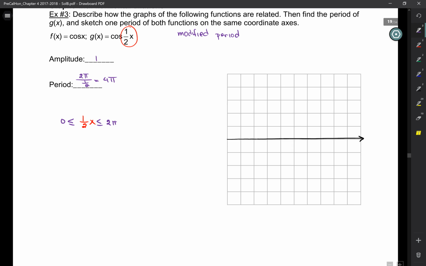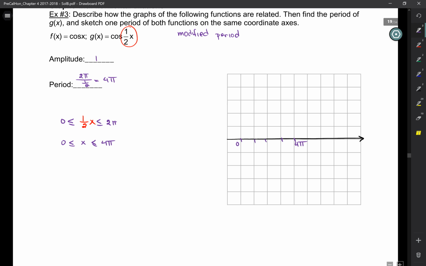Now I solve for x just like I did in algebra. So I multiply everything by 2 and I get 0, x, 4 pi. So that means, okay, on my x-axis, it's going to go from 0 to 4 pi. So 0, 1, 2, 3, 4, 4 pi.